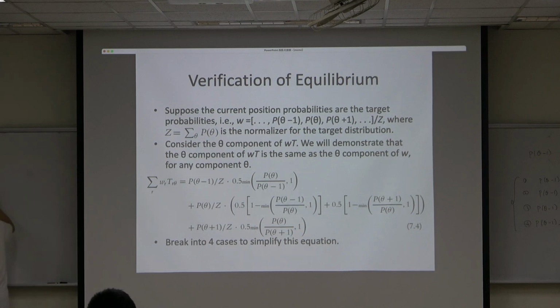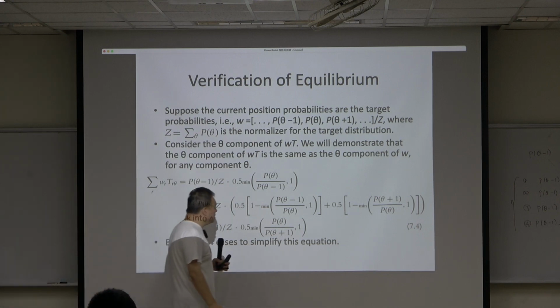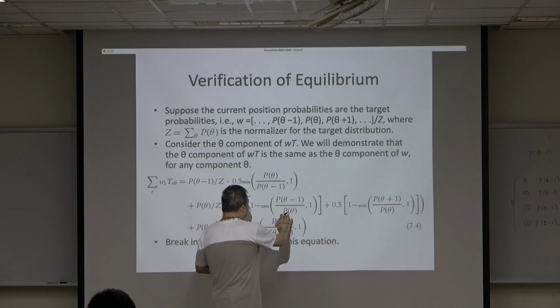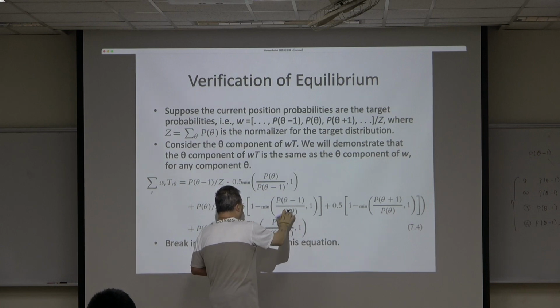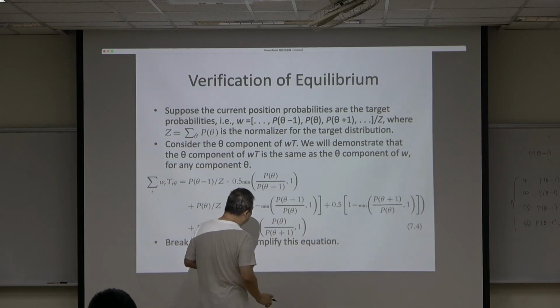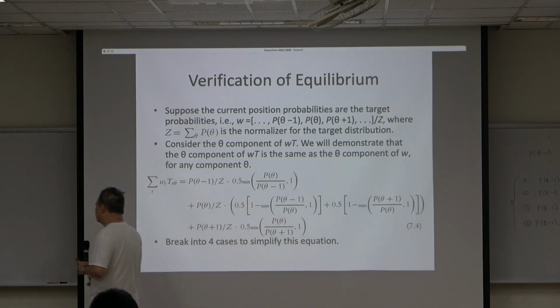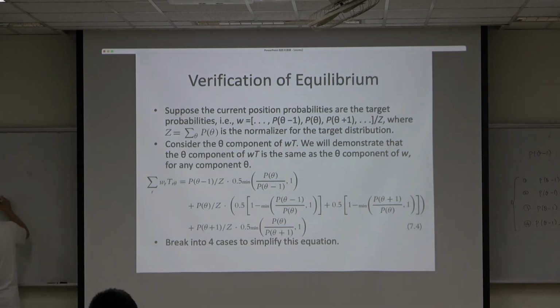Times 1 minus, and we know p theta is the largest term. So we know this one is going to give us a value smaller than 1. So we are going to take this. So p theta minus 1, right?